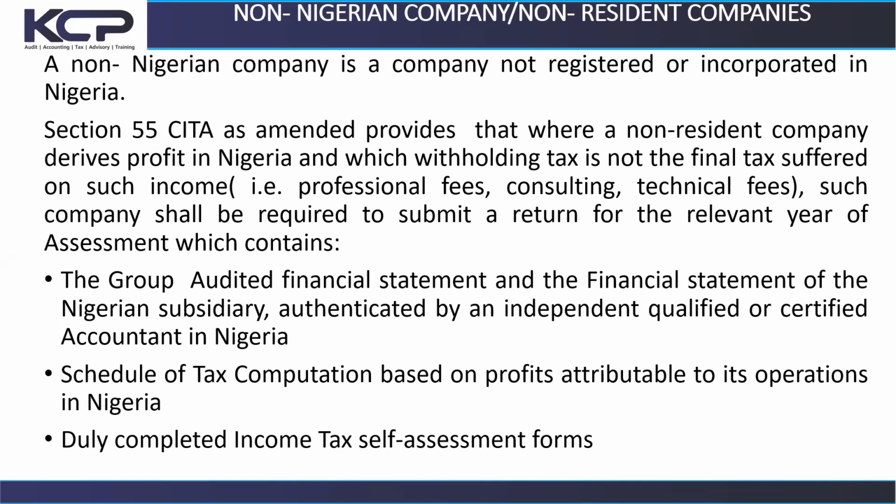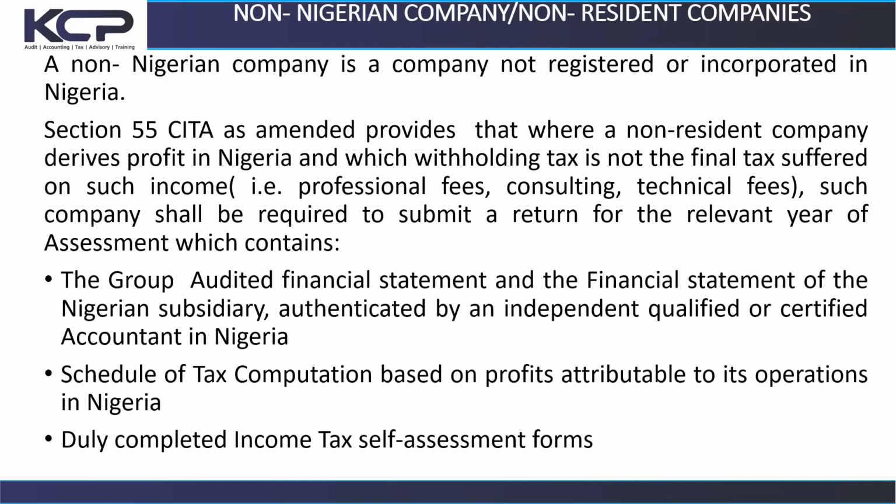Then there is also the provision of section 30 that could subject certain organizations to tax on a turnover basis, right? And I think that is what most of the time applies to non-Nigerian entities. We'll talk more about that as we go on.